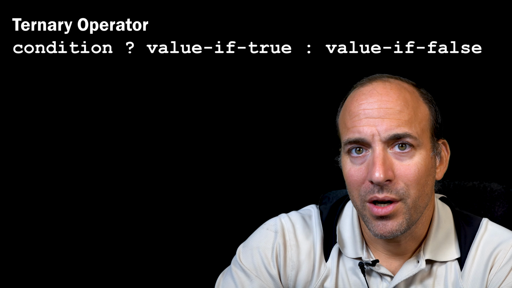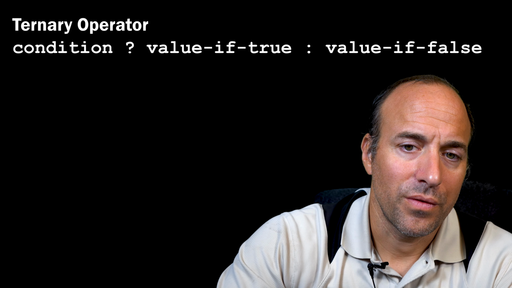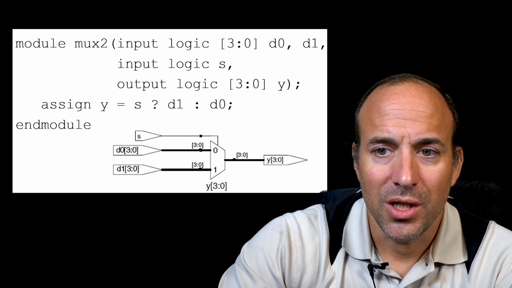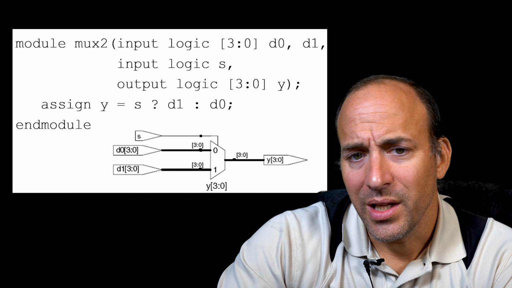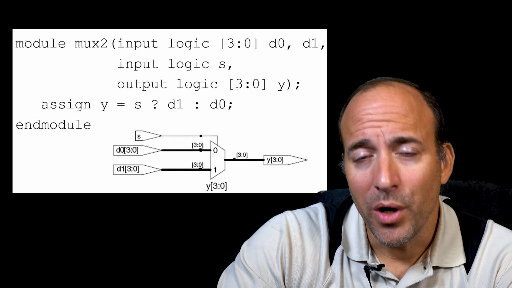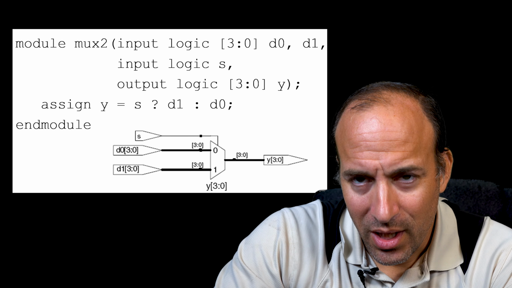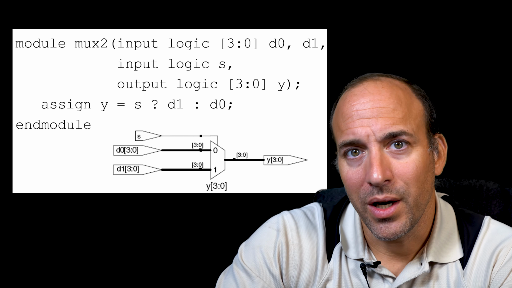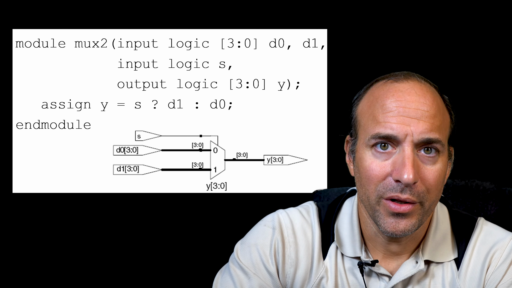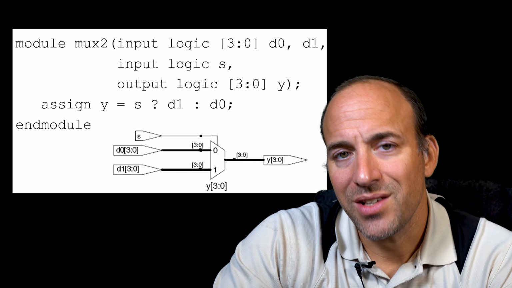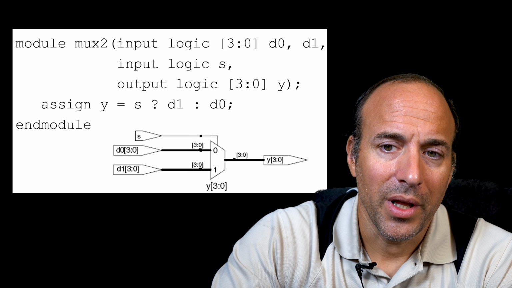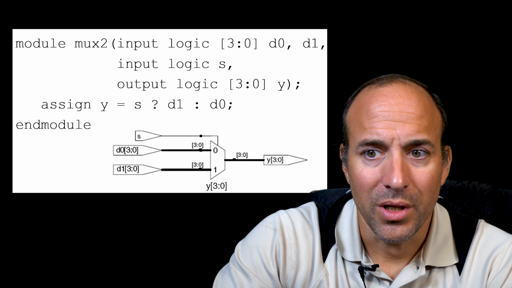The ternary operator is useful for expressing the behavior of multiplexers, since the condition acts like the select input, and the 2 expressions act like the inputs of the multiplexer. And of course, the evaluation of the entire ternary expression would be equivalent to the output of the multiplexer. Since you can nest ternary expressions, you can scale them up to create multiplexers with more than 2 inputs.